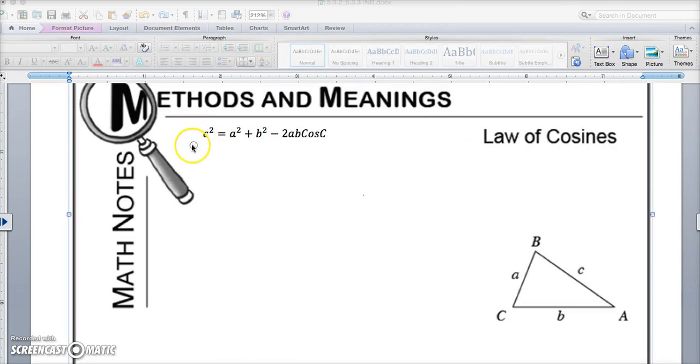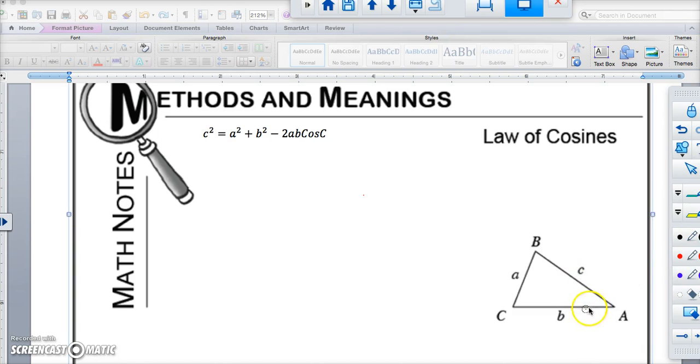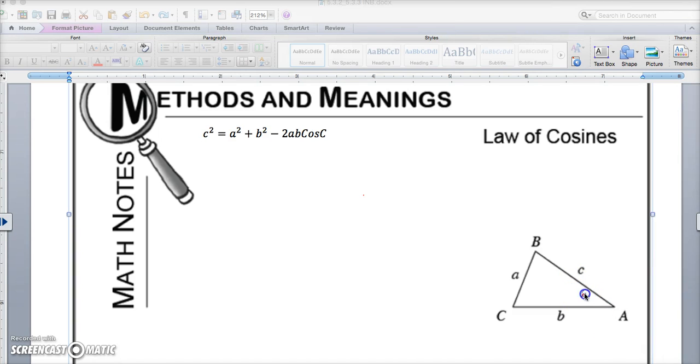Alright, now let's look at using the law of cosines. So if this is the law, c squared equals a squared plus b squared minus 2ab cosine c. Notice this is all multiplying right here. That's going to be relevant when you're using this formula. So let's say I know the measure of this angle is 20 degrees.